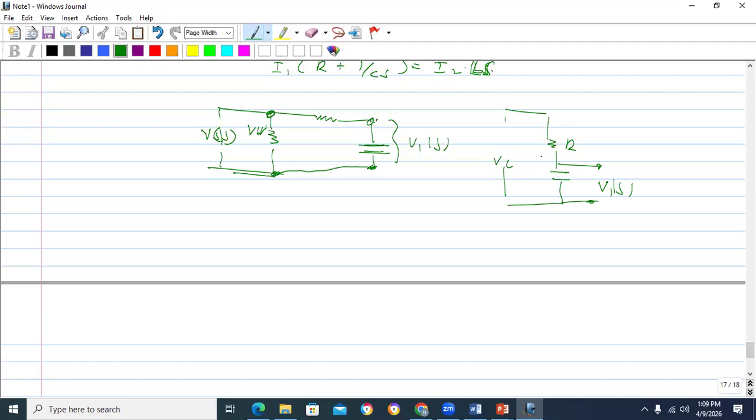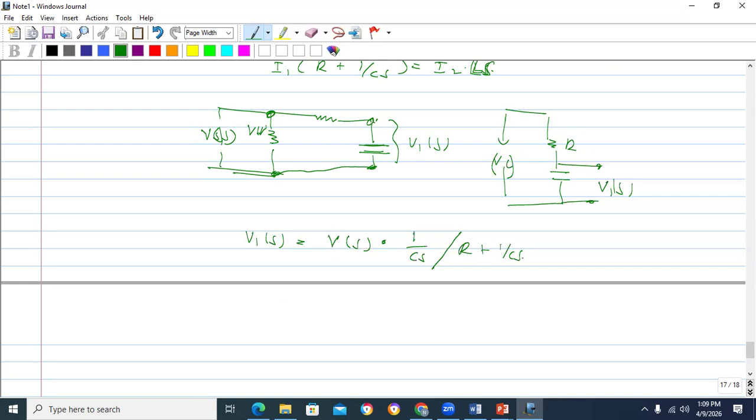So using the voltage divider technique, you can directly write V1(s) is equal to Vs into 1 over Cs divided by R plus 1 over Cs. This is the voltage divider.